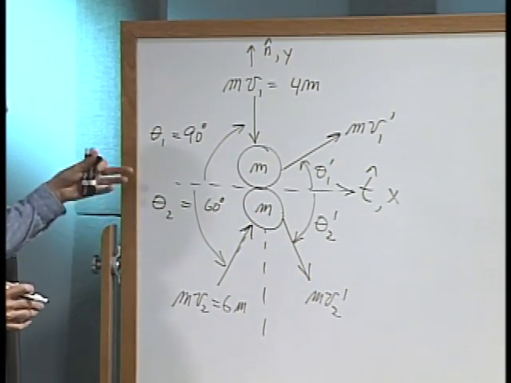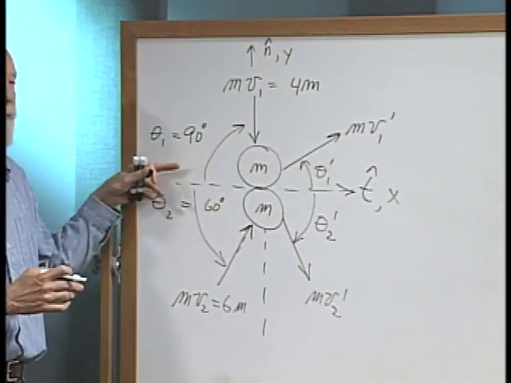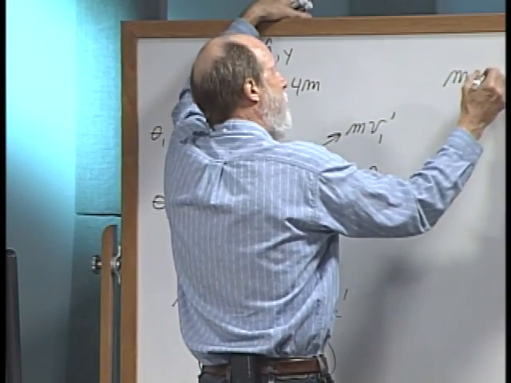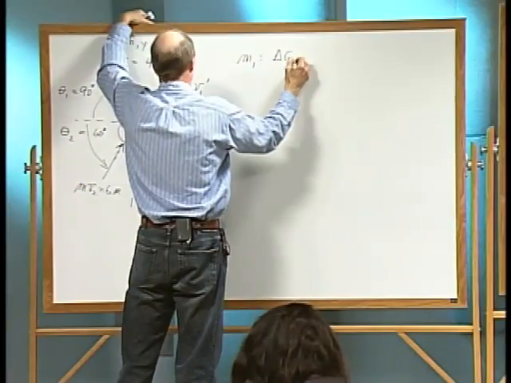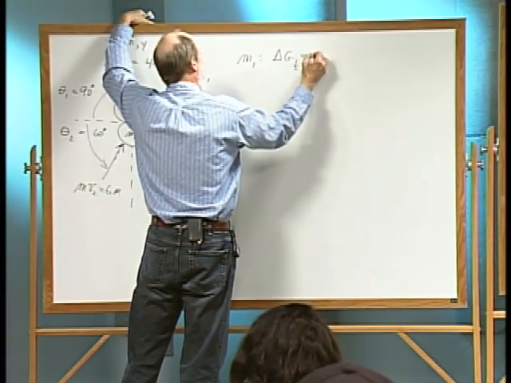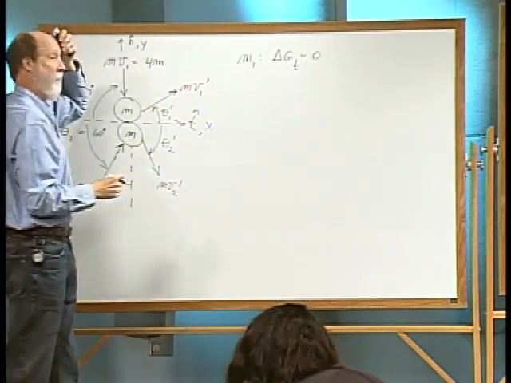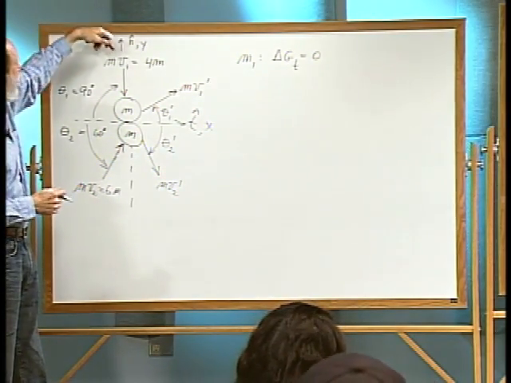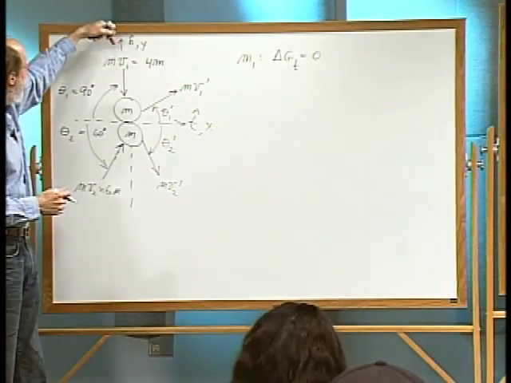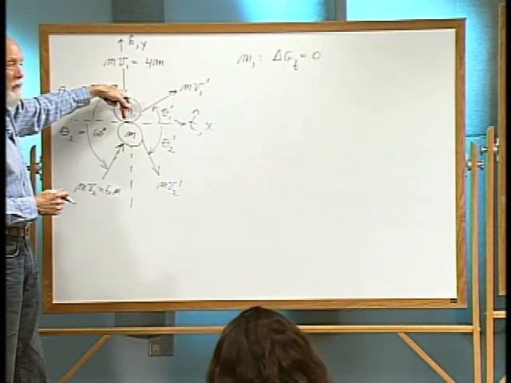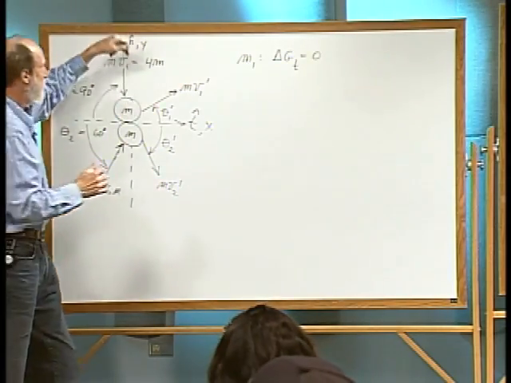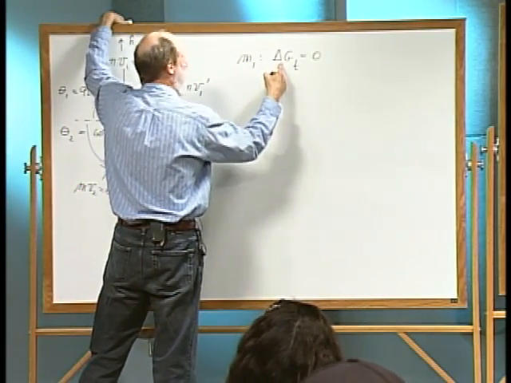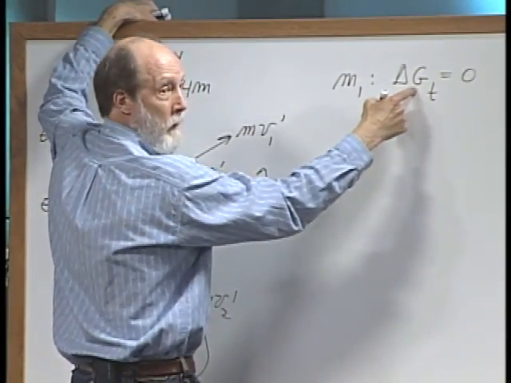So, in the tangency direction, we have conservation of momentum for each mass. So for M1, delta G in the tangential direction must equal 0, conservation of momentum for mass 1. Now look what happens here with M1, the first mass. It's coming in at 90 degrees to the tangency, and it leaves at some value. So let's write that change in linear momentum.